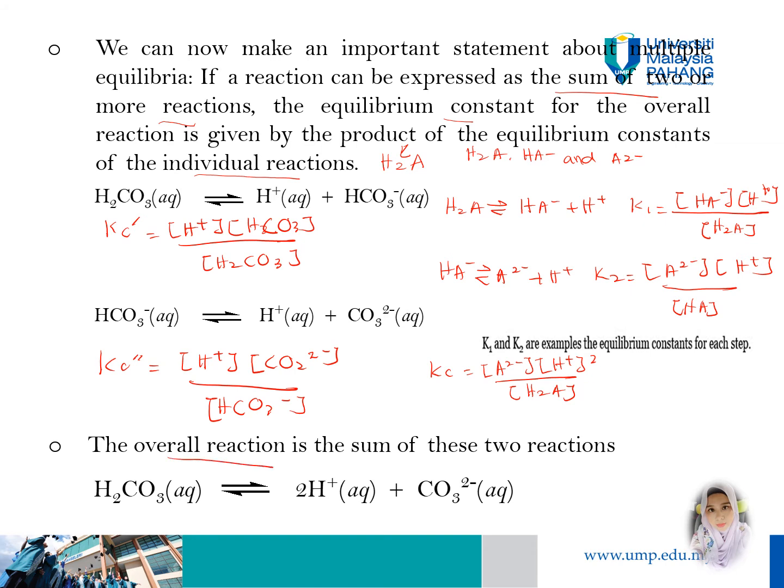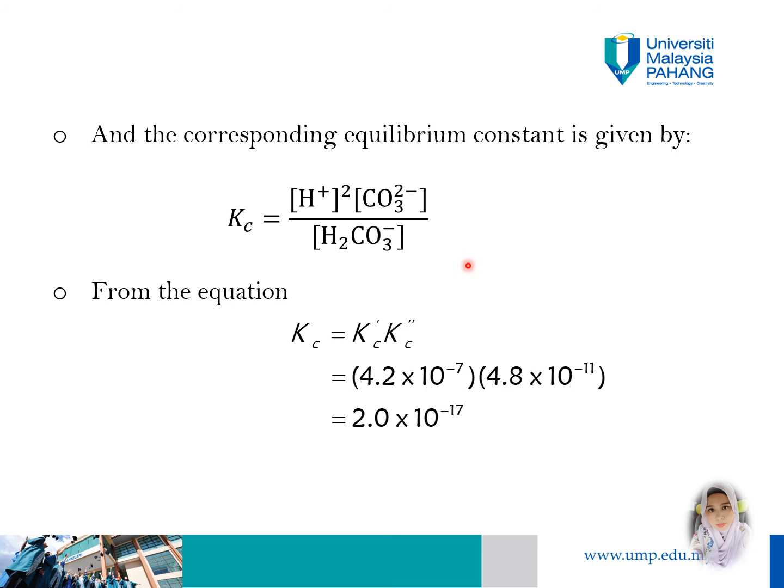So the overall reaction is the sum of these two equations, so we can cancel here. So we get H2CO3 producing, 1 plus 1 equal to 2 H plus and CO3 2 minus. So from the summation of the two equations, we can calculate the final equilibrium constant. Kc is equal to Kc prime times Kc double prime. So we can get the final value Kc.